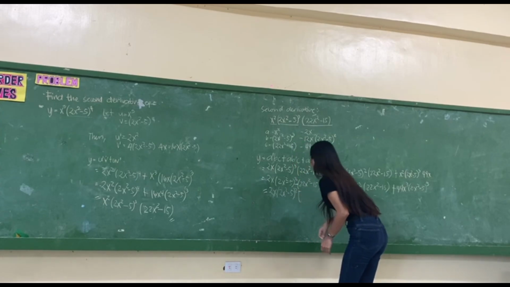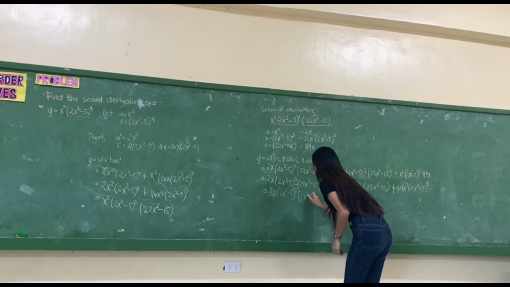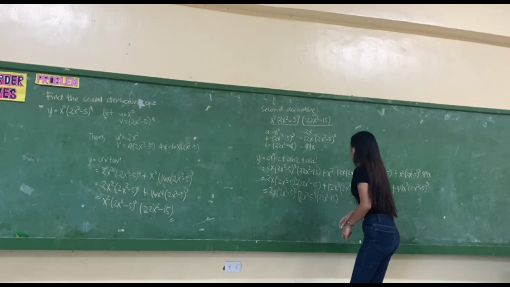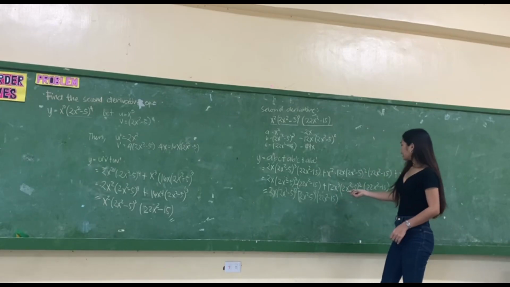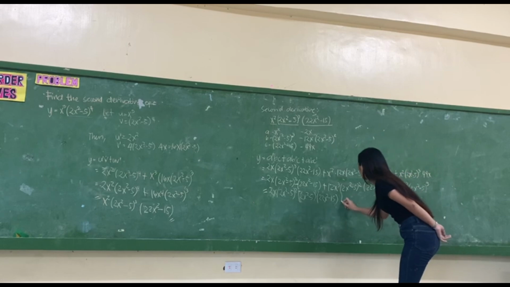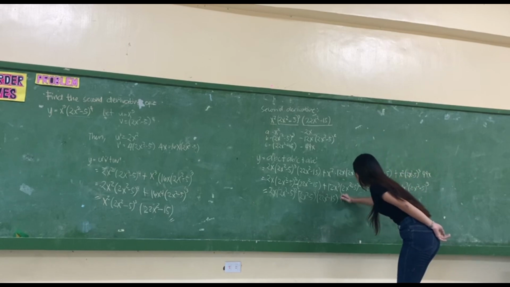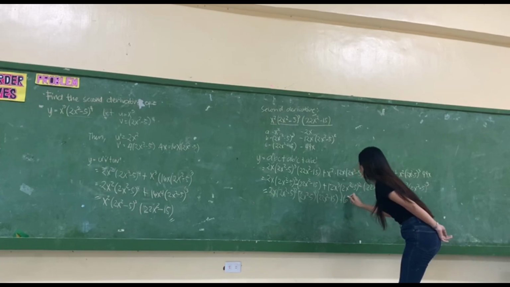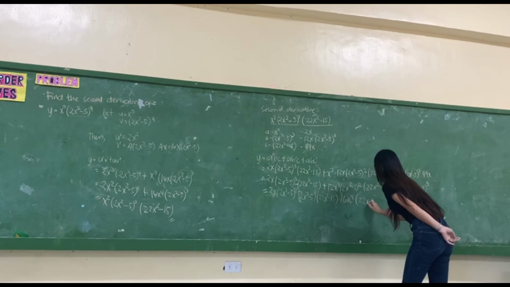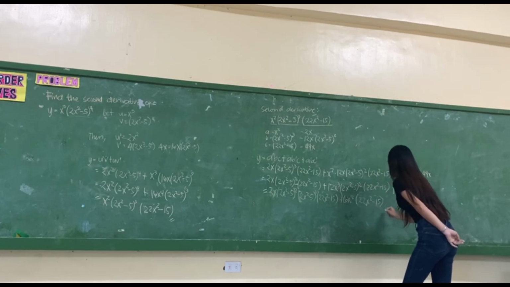So we'll just copy this (2x squared minus 5) times (22x squared minus 15). Next we need to factor this from this, and it will come up with 6, sorry, we have 6x squared times (22x squared minus 15).